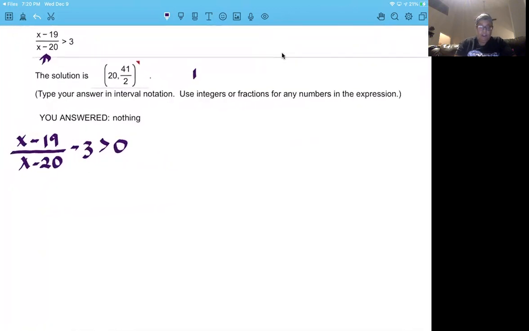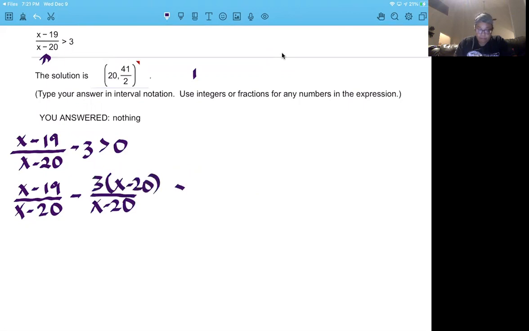All right, I'm going to find a common denominator. That common denominator is x - 20. This first term already has the common denominator. The second term does not, so I'm going to multiply it by x - 20 and write it all over the same common denominator.